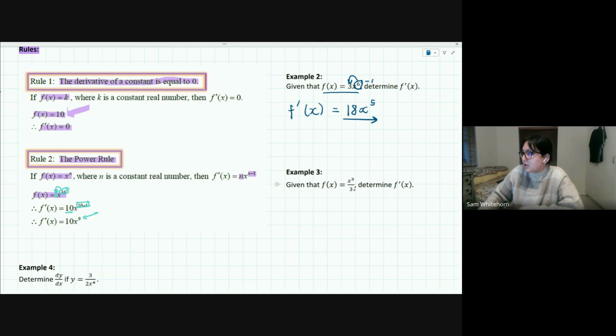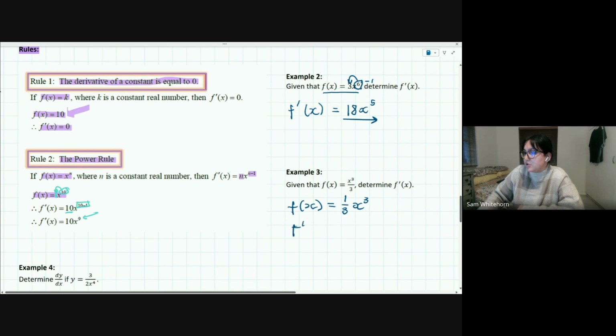If we have a look at example 3, again we want the derivative, but this is now where the formatting becomes very important. So let's first get the format right. I'm not doing the derivative yet. That's why I don't have a dash there. I'm just getting the format right. I want the number first, so 1 over 3, and then my variable, so x cubed. Now that my format's correct, I can do my derivative.